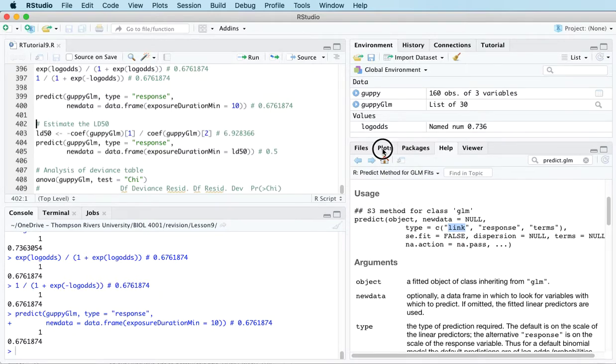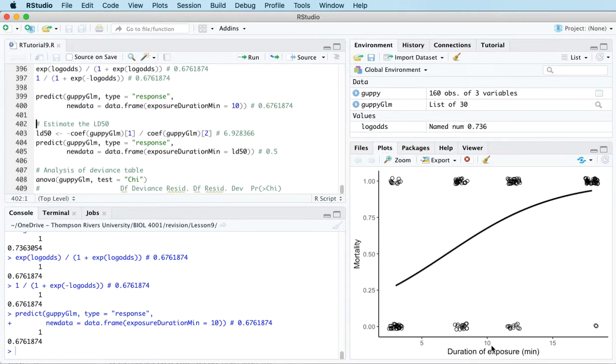Looking back at my graph, what this is telling us is that at an exposure time of 10 minutes, the value on the vertical axis is 0.676. So the probability that a guppy exposed for 10 minutes to a temperature of 5 degrees Celsius is going to die is 0.676.